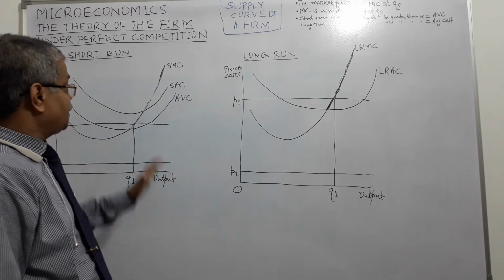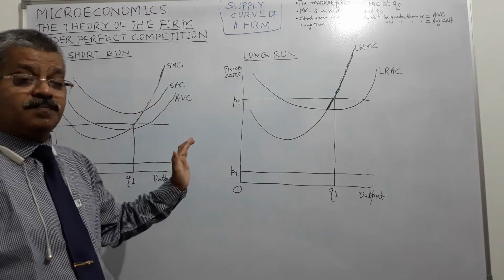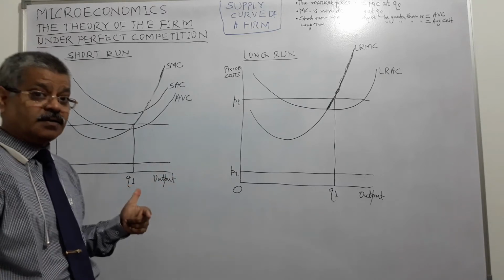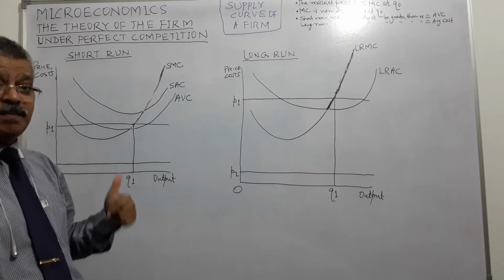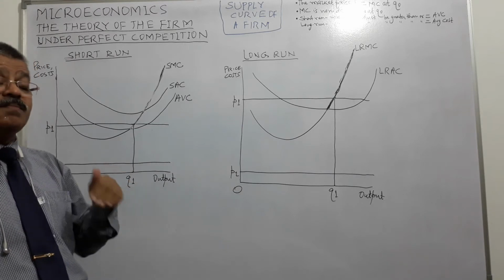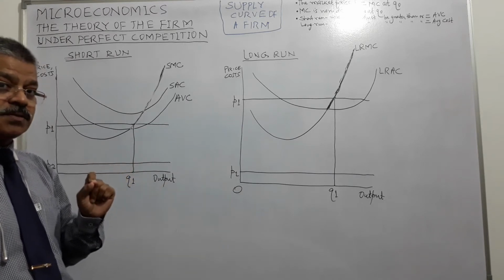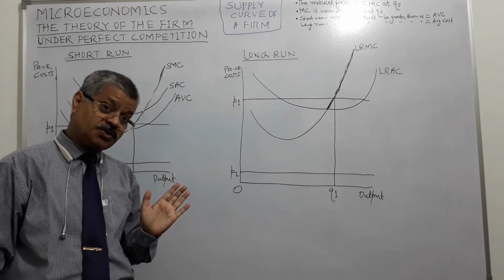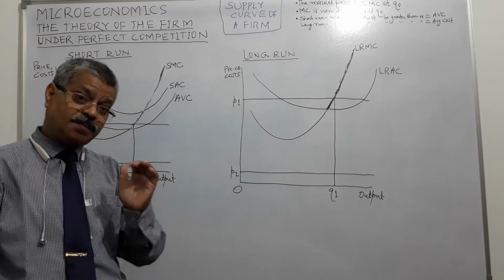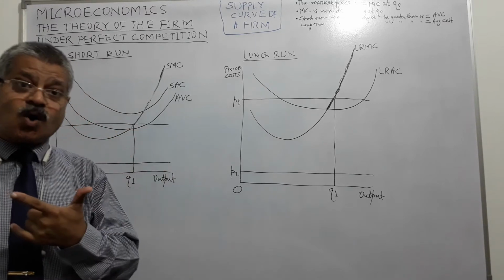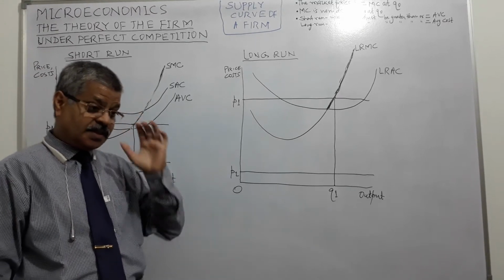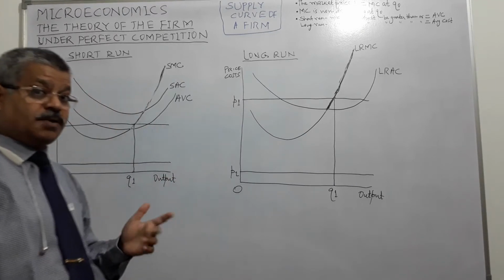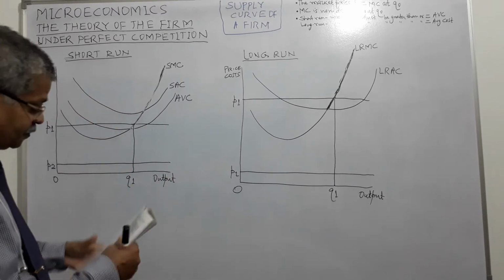If there is a temporary shutdown, the firm continues to incur fixed cost, not variable cost. But if the shutdown is for a long period and the firm decides to go out of that particular business, then the firm doesn't have to incur that fixed cost also, because it goes out of that business.